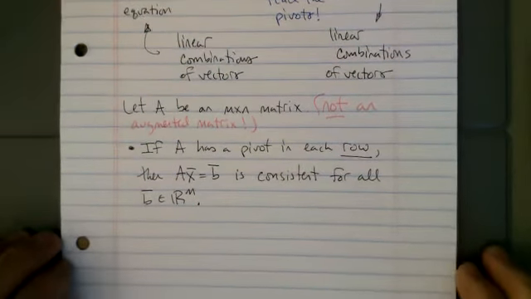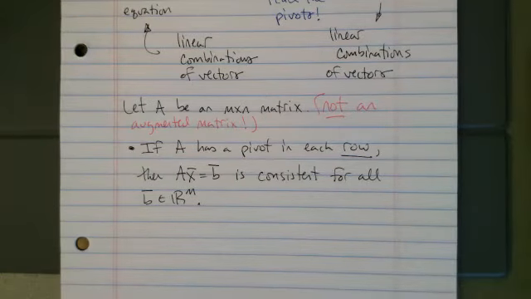This is because the augmented matrix, if we have a pivot in every row of the coefficient matrix, there's no room to have a pivot in the rightmost column of the augmented matrix.